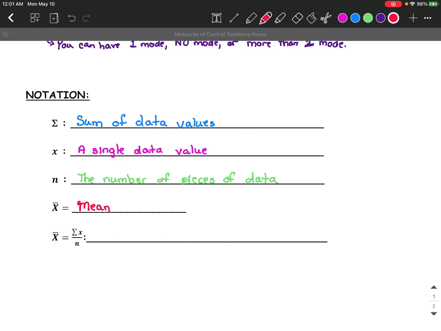So when we look at the formula for the mean, it's x bar, which is the mean, equals, now remember that sigma notation, that was the sum, and the x were your data points, so it's the sum of the data over, which means divided by, so I'm going to put parentheses there, divided by n, and n is the number of pieces of data.